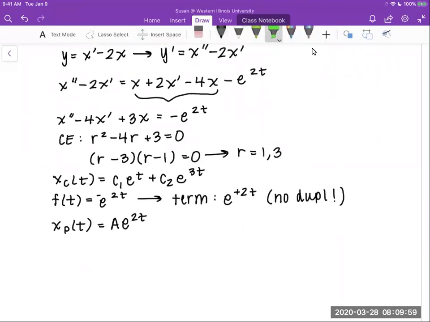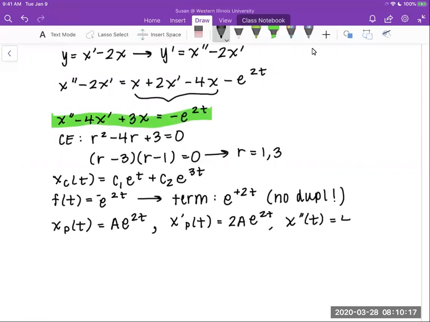If I go back and look at my non-homogeneous DE, which I just highlighted, I need the first and second derivatives. So let me just list those here. The first derivative is 2a e to the 2t. The second derivative is 4a e to the 2t.